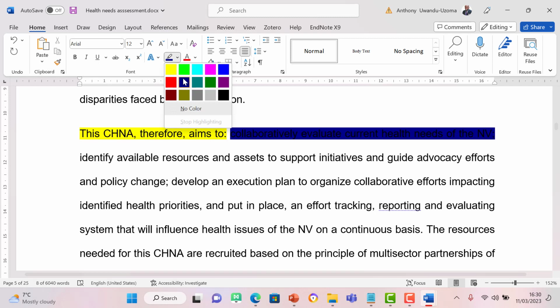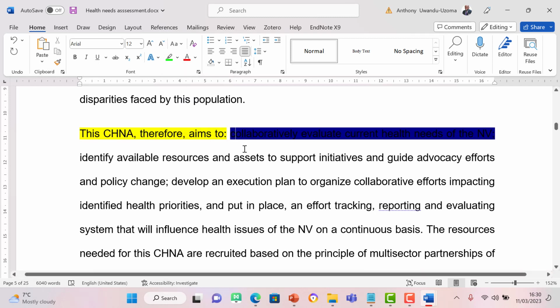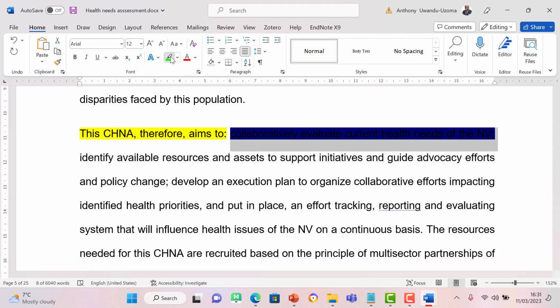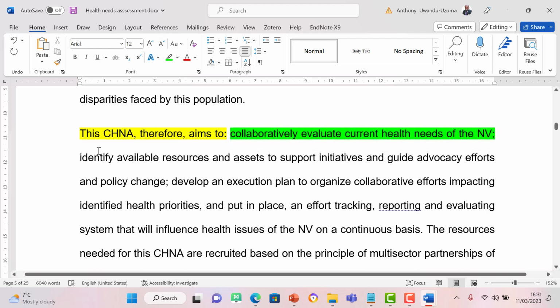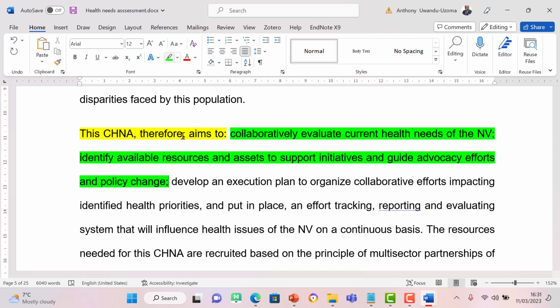So identify the needs. All right. Then identify the available resources or the assets that are already existing to meet the needs. Okay. So that's the second one.